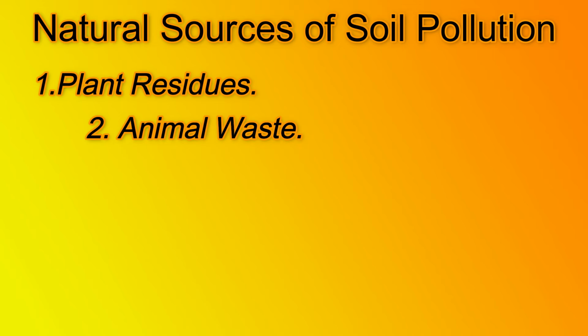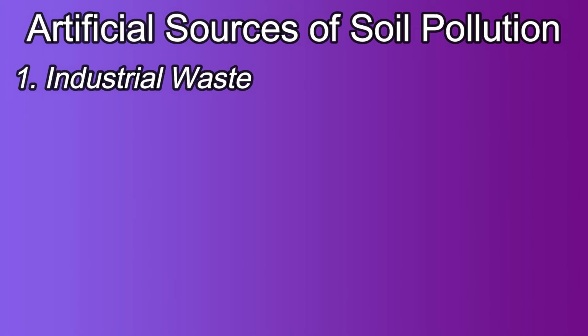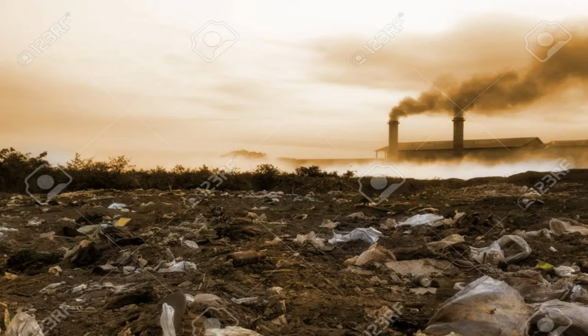Now, number two, the second source is artificial sources. Pollutants produced due to man's activities, that is, artificial sources may be of the following types. Number one, industrial wastes. Rapid industrialization has given birth to the problem of waste disposal.